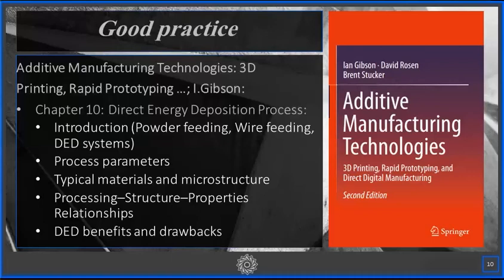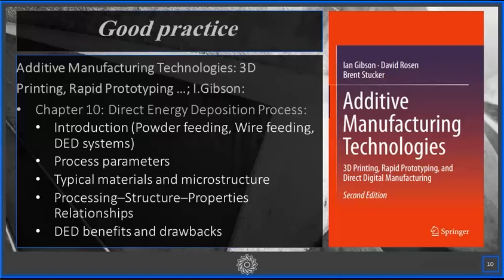It is by Ian Gibson, Additive Manufacturing Technologies, 3D Printing and Rapid Prototyping. Especially I want to mention chapter 10, where they discuss the direct energy deposition process and introduce the process.